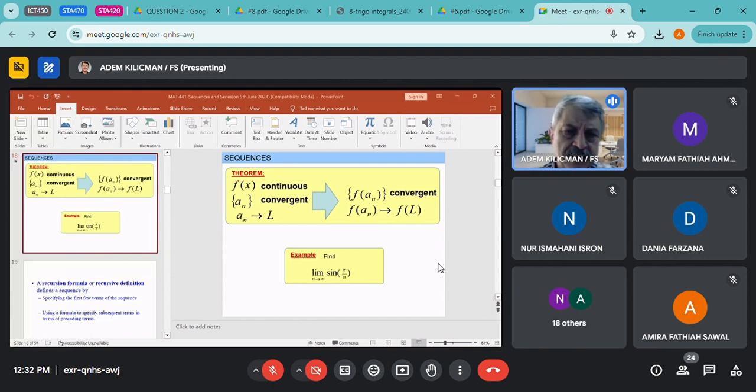Similar for the others as well. But for the other one, find the third, fourth, and the fifth terms of each. They are recursive ones. Okay, I will give you 5 minutes to answer those questions, and you will try to submit to my email. You know my email, right?